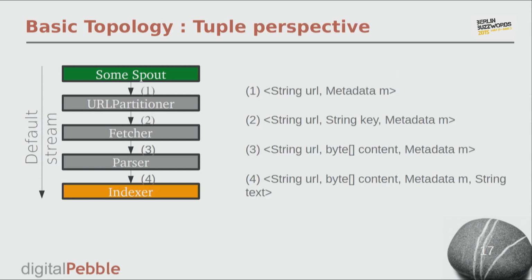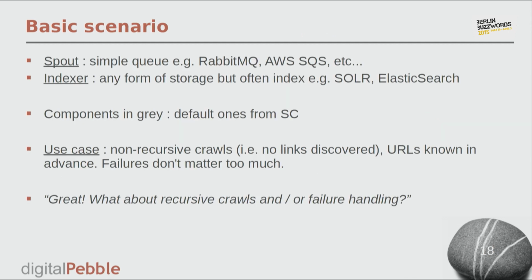From the point of view of the tuples, these are the fields in the tuples passed between these various components. The slides will be online, so it'll be easier to find them later. As I said, the spout could be something as simple as RabbitMQ or AWS SQS, and the indexer can be ElasticSearch or Solr.